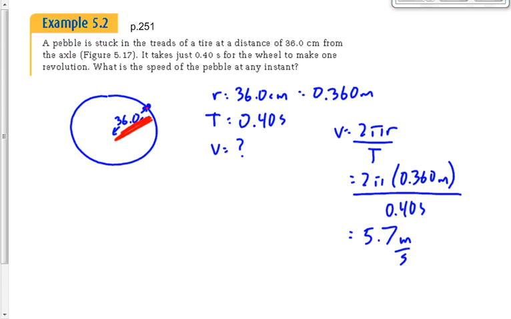You physically measure and program that radius into the computer. Your bike measures the time of one revolution, and then the computer calculates the speed based on 2 pi r over t. Does that make sense? It'll also measure the distance and tell you how far you've traveled by going 2 pi times r, and it keeps adding those revolutions up as you make more and more revolutions.